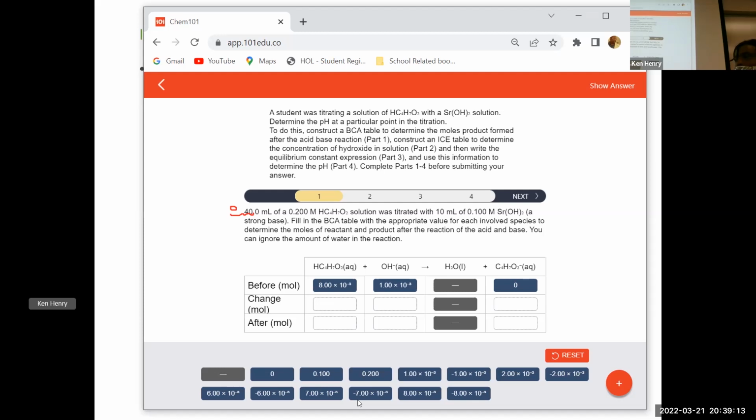Okay, so what do we need to do? What's going to happen? So what is going to be the change? So we have our chemical equation here, right? Yeah, chemical equation's right here. So what is the chemical equation? Okay, so we're going to subtract what's being used, right?